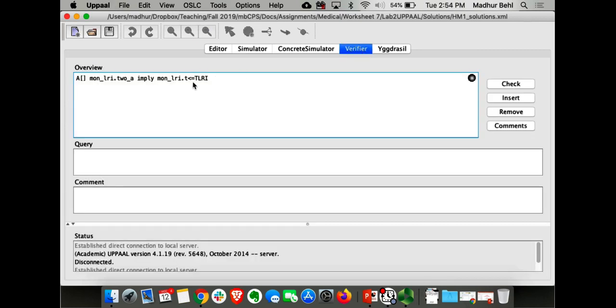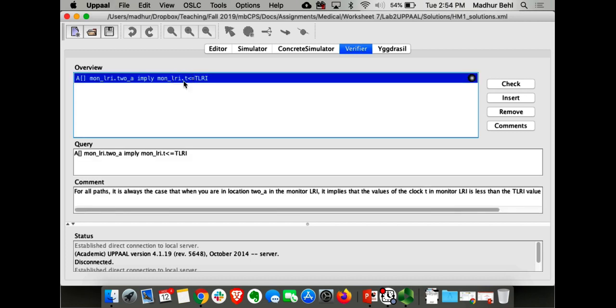So we've already loaded something into the verifier. So let's go over it together. What this is saying is, for all paths, and you can read the comment, I'm literally reading it out.